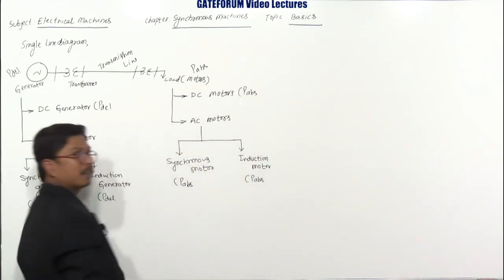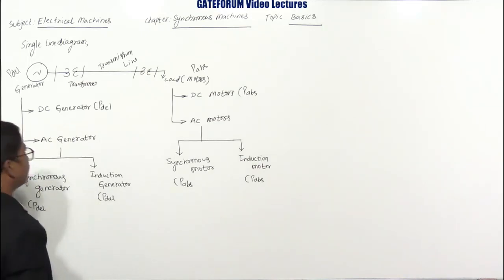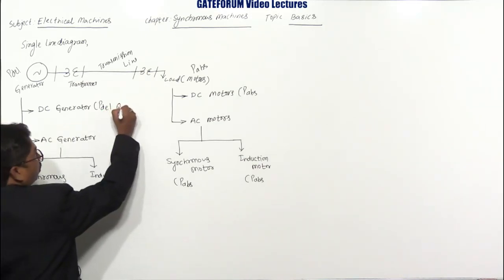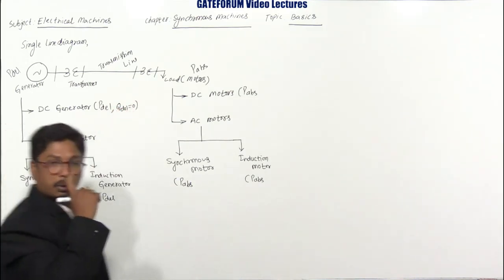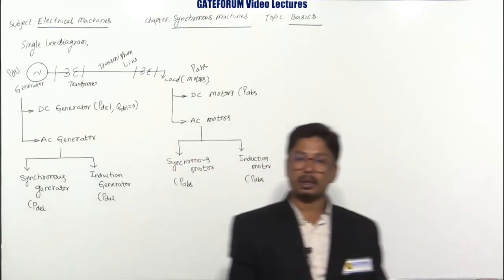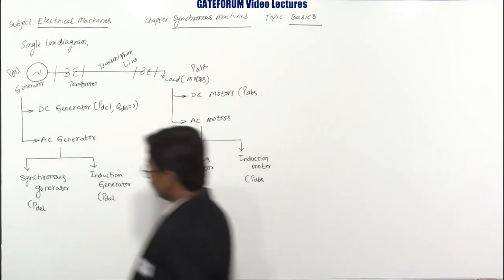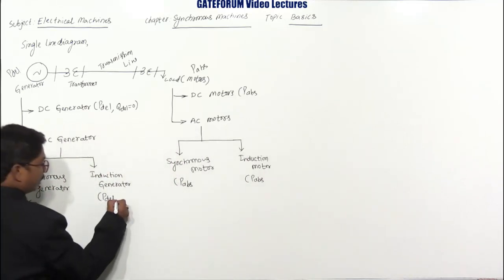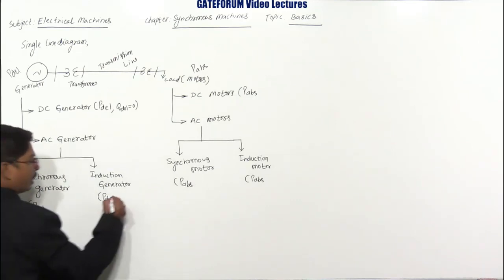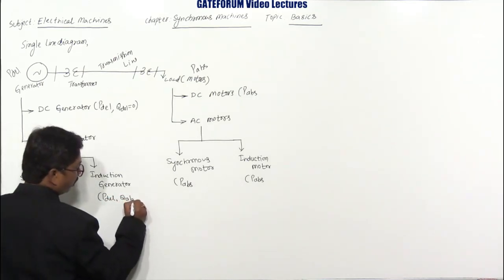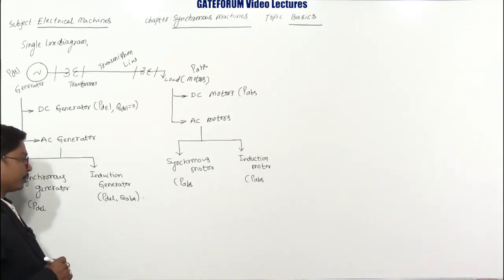In terms of reactive power, the DC generator does not have any reactive power, so Q delivered will be equal to 0. It is unable to deliver or absorb any amount of reactive power, because it is a DC machine. The induction generator is unable to deliver any reactive power; it always absorbs reactive power and never delivers it.